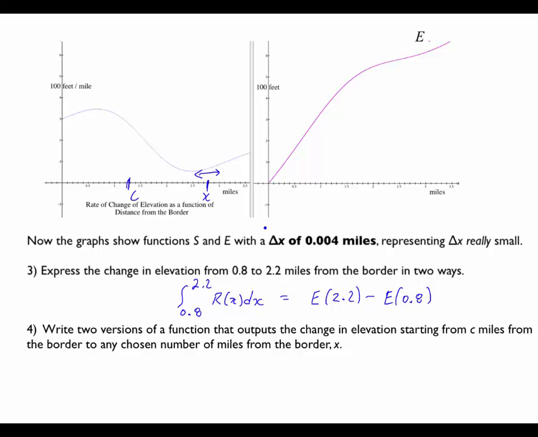So c is we pick c and we keep it fixed. But then we want a function of, so the change in elevation as a function of where we stop. Say where we stop on the road, okay? So that can vary. So x is the input.